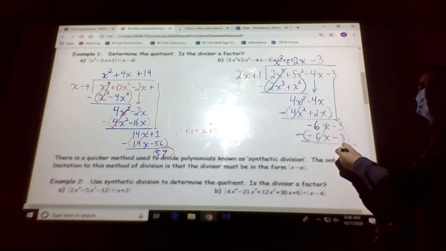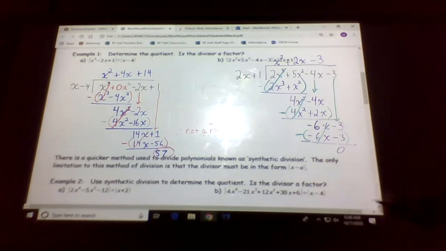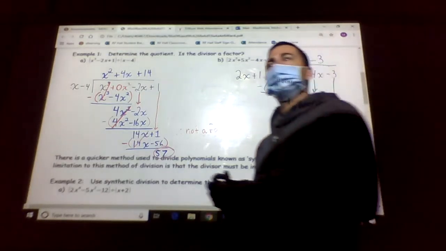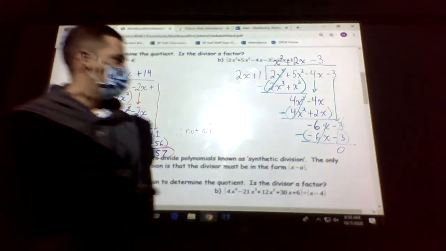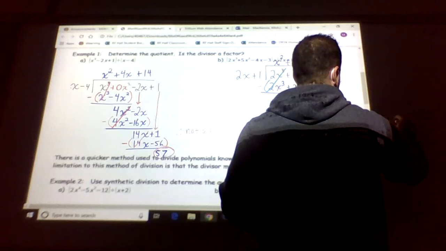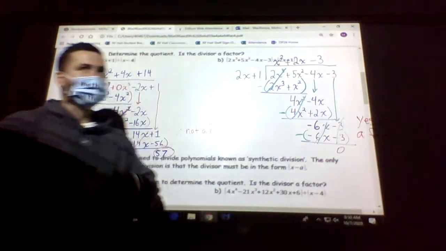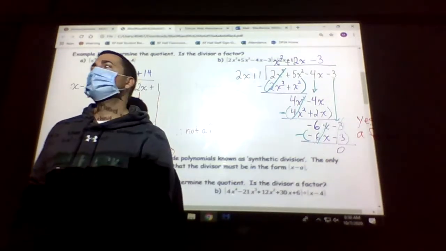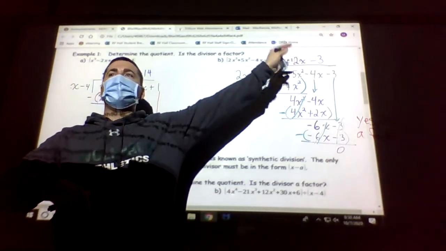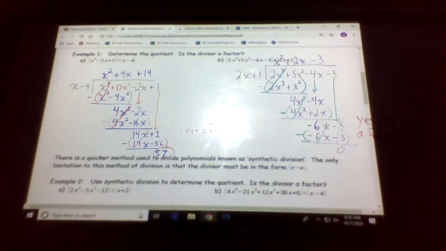Negative 3 minus a negative 3, which is negative 3 plus 3, is also 0. So, is this a factor? Yes, it is. If we really want to write it out, say 2x plus 1 is a factor of 2x cubed plus 5x squared minus 4x minus 3, because the remainder is 0.